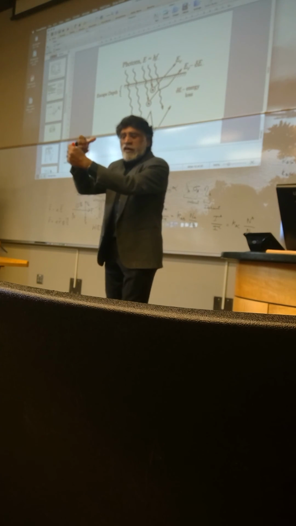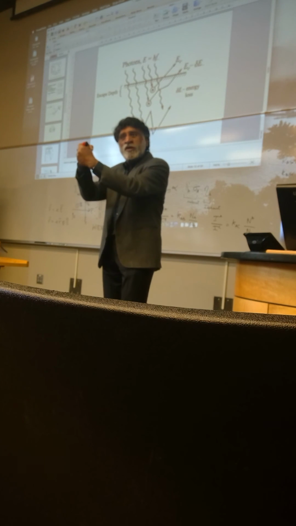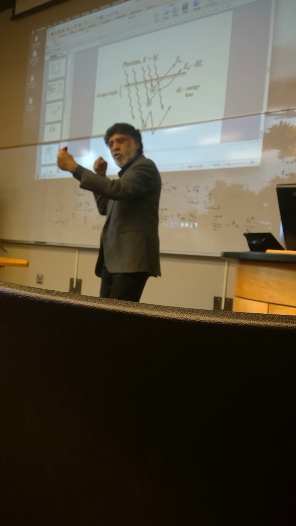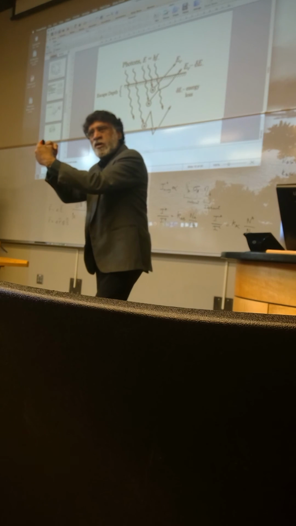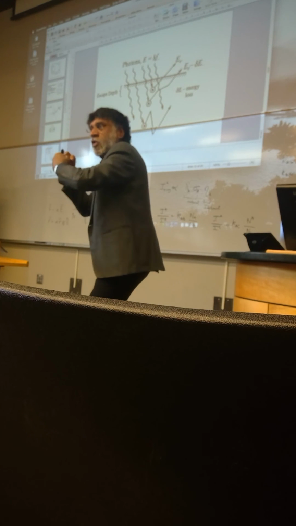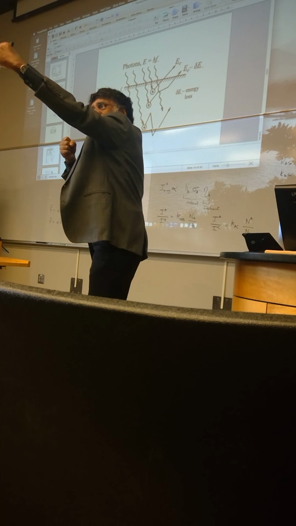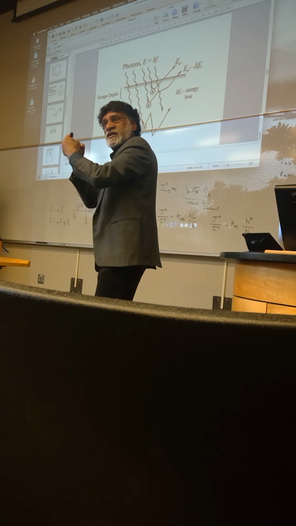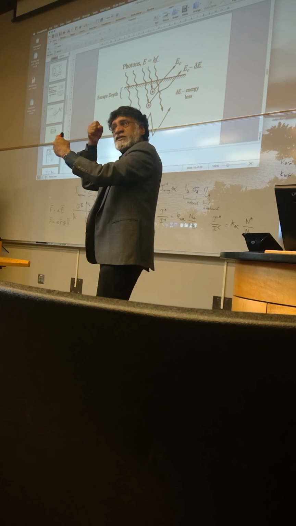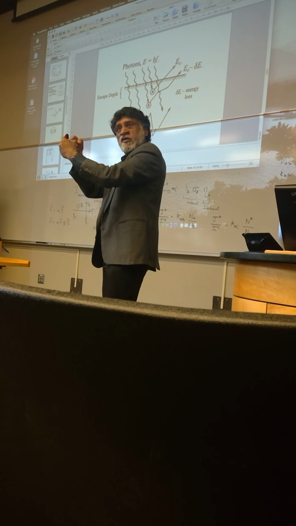It hits one of the electrons of the solid, typically a core electron. It transfers all its energy to the core electron, and the core electron then comes out of the solid. And when the core electron comes out of the solid, it has an energy. Is its energy the same as the initial photon or not?